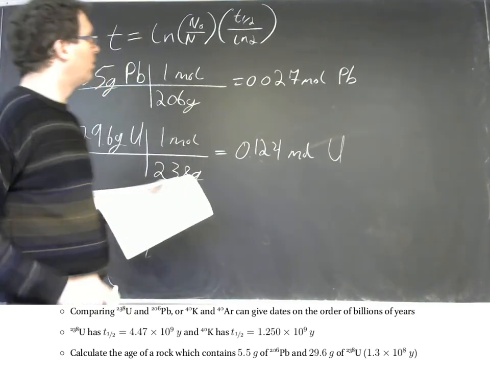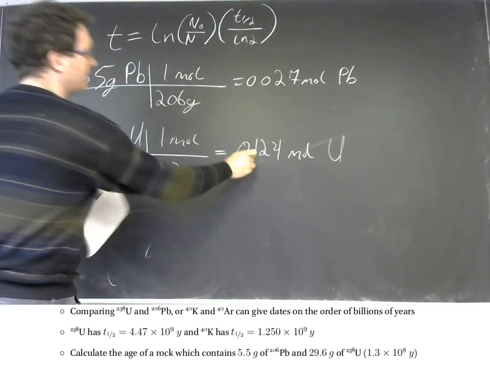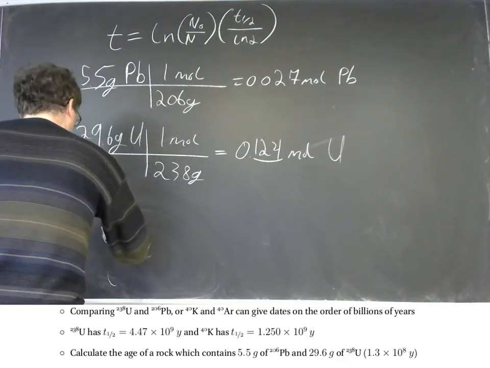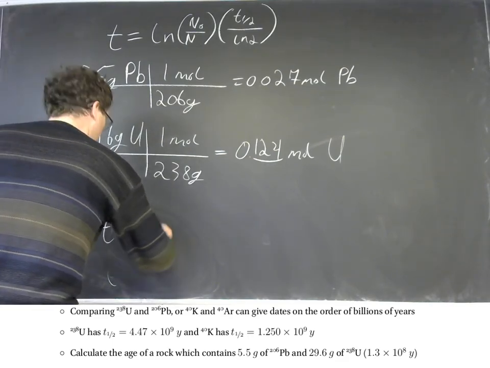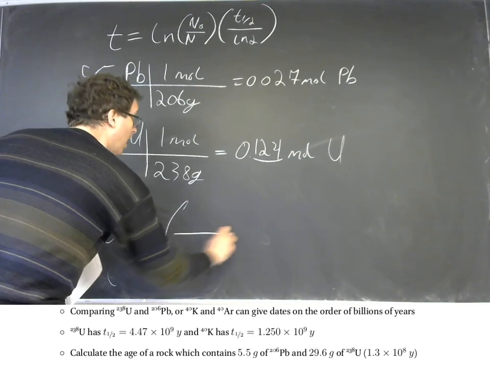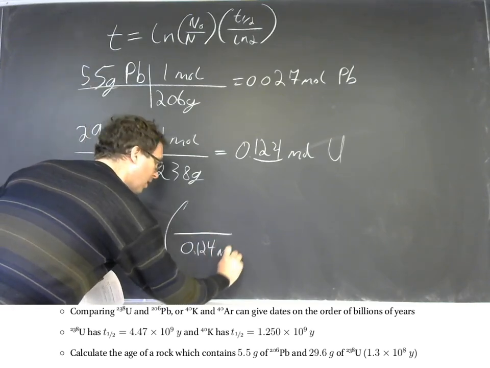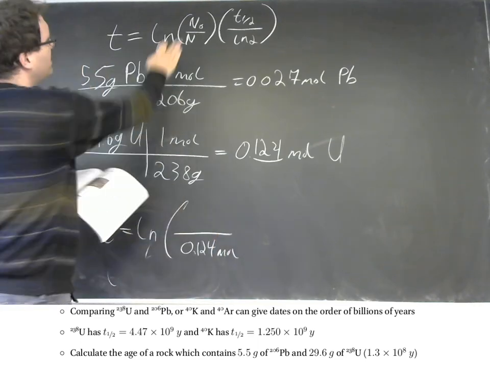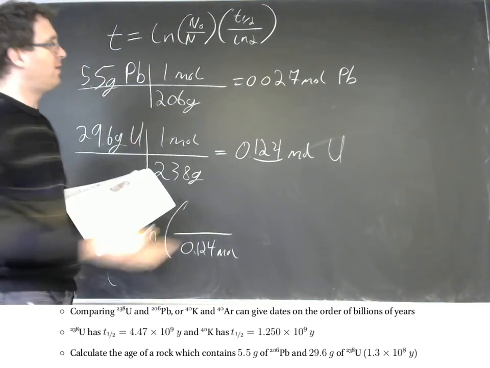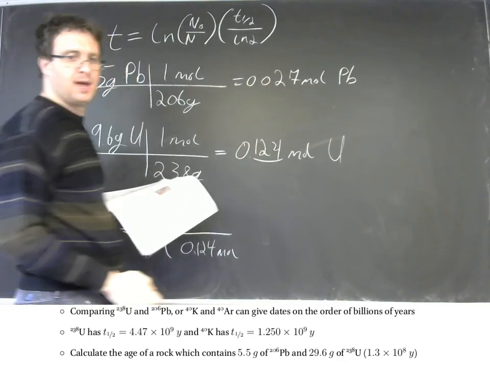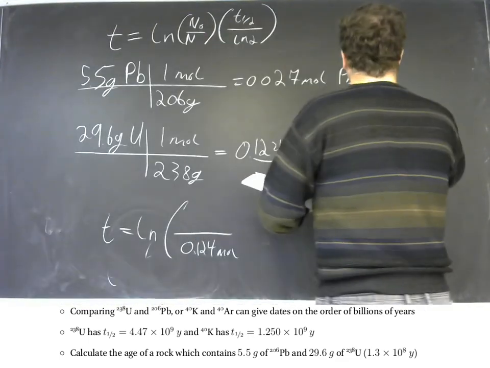And this is the number for N. So we can start writing that equation. We've got t is equal to the natural log of 0.124 moles. But what was the initial amount of uranium? Well, everything that is lead used to be uranium. And so we'll just sum these two numbers together.